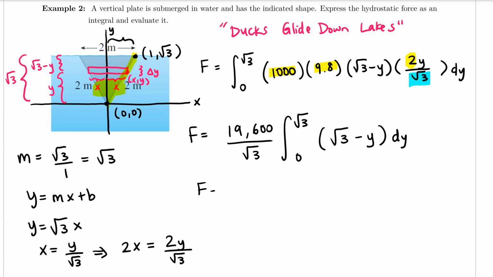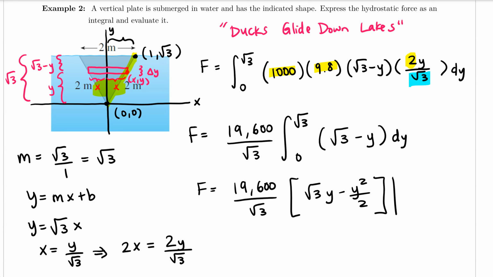Now we can just use the power rule to integrate this. So the force is equal to 19,600 over the square root of 3 times the square root of 3y minus y squared over 2, evaluated from y equals 0 to y equals the square root of 3.